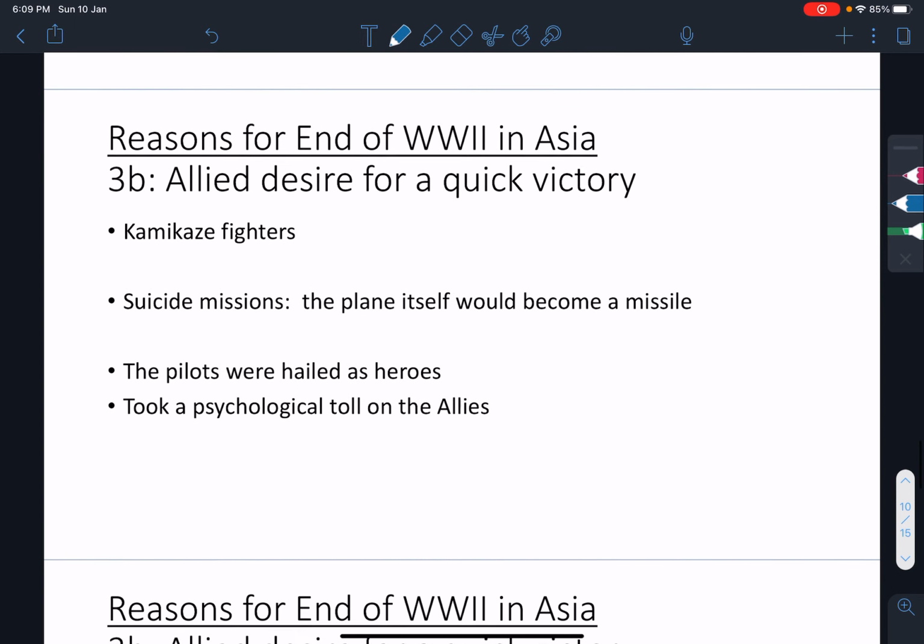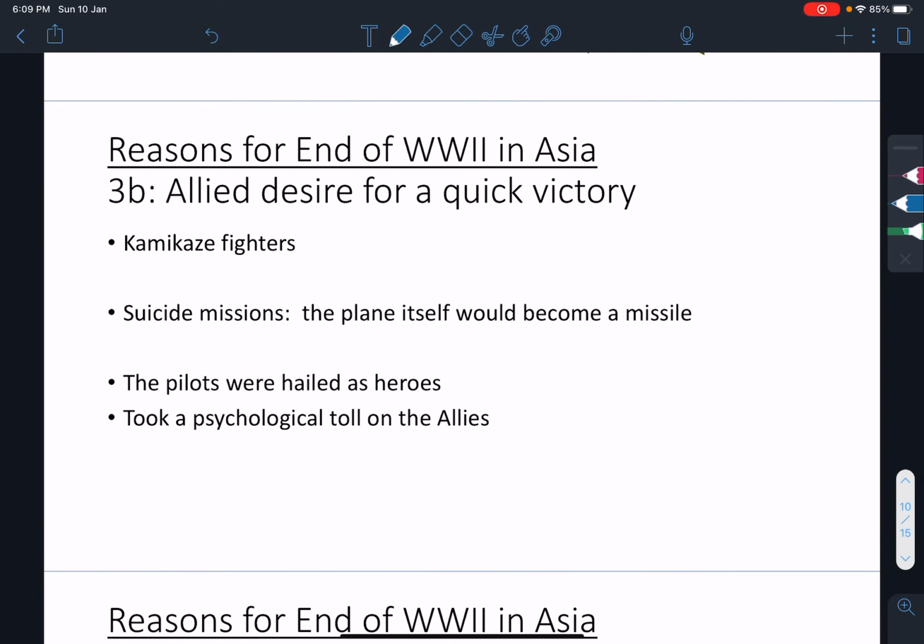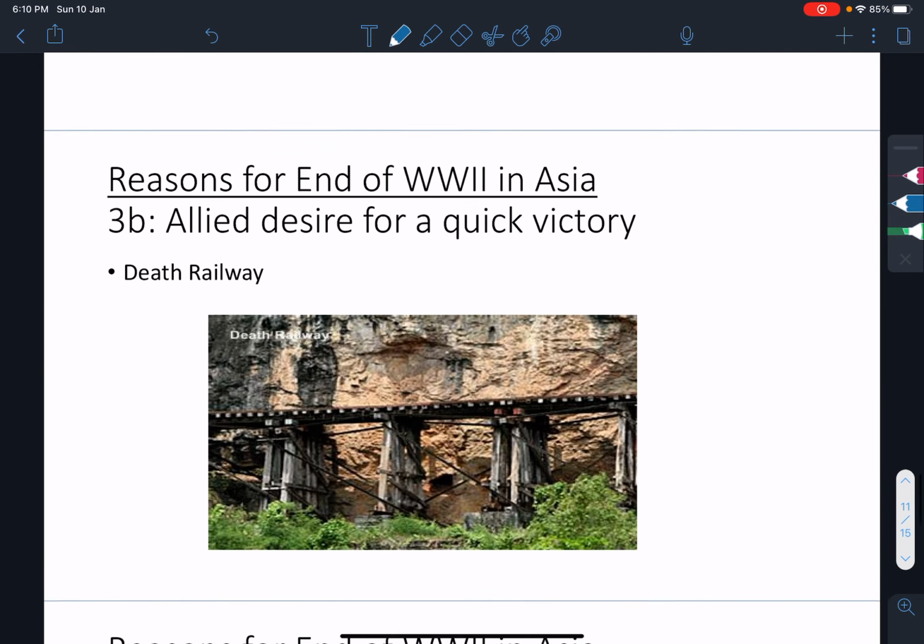This was really something that caused great psychological damage, and because of this, the Allies wanted even more to end the war. Why? To reduce the toll of the psychological damage, to reduce damages, basically to save as many lives as possible. So you can see what is facing Japan now: everybody is looking at them and everybody wants to end the war quickly.